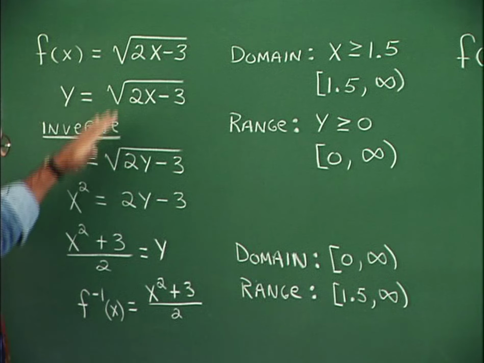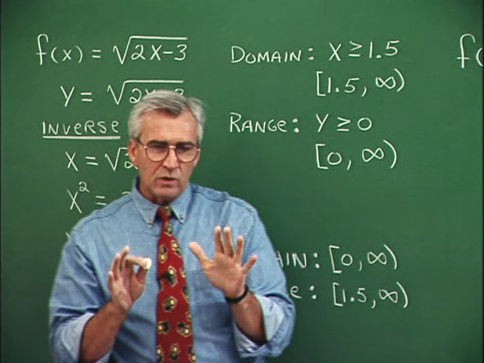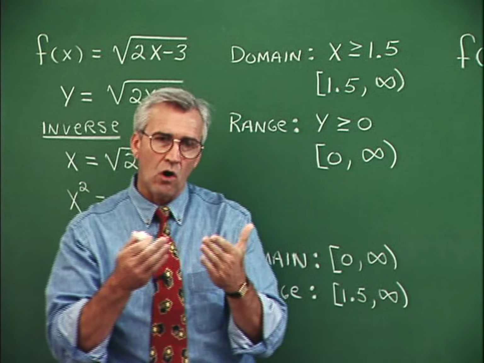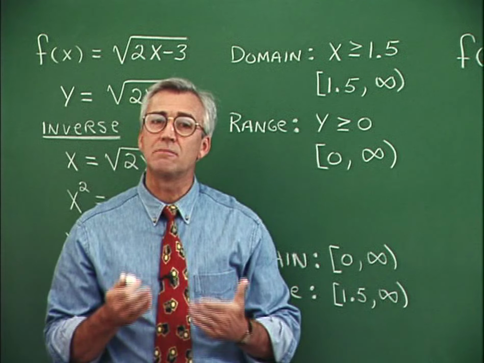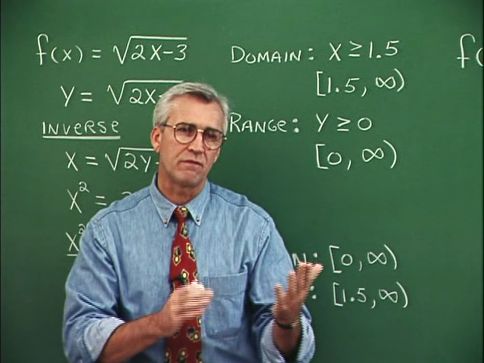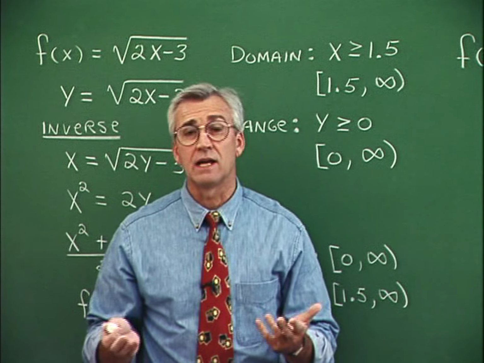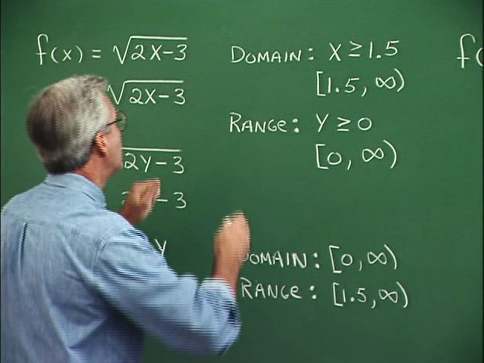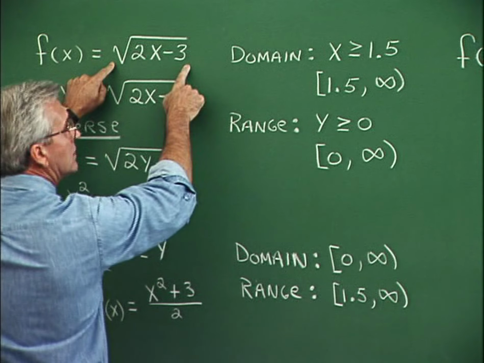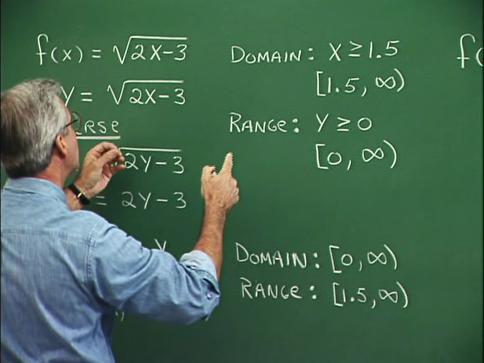Now, what's really intriguing about this, and there are a lot of things, but what's kind of neat is that all of the roles that are played by x and y are just reversed when you compare functions with their inverses. And that includes things like domain and range. The domain of this function, let's see, the acceptable replacements for x, the replacements for x that make sense.